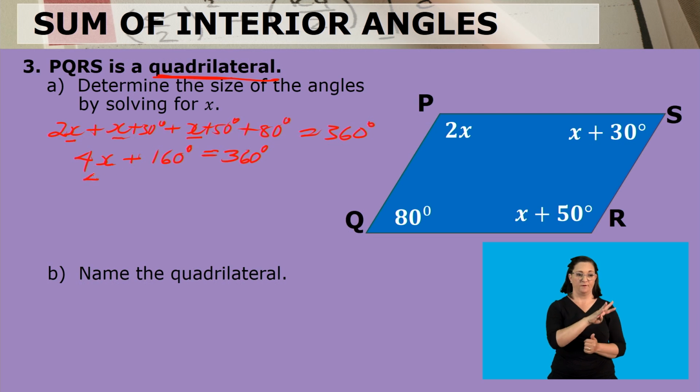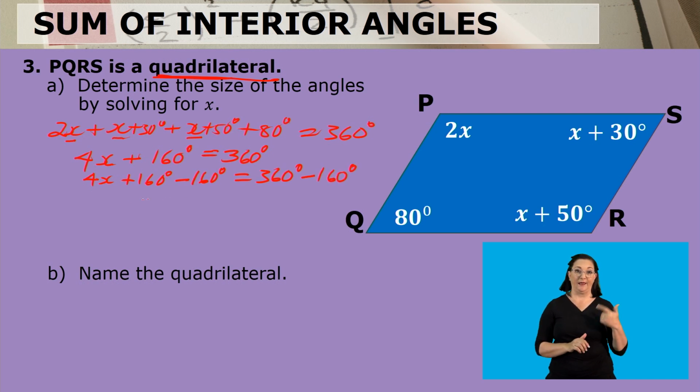So it would be 4x plus 160 degrees minus 160 degrees, which equals 360 degrees minus 160 degrees again. On the left, 160 degrees minus 160 would leave us with 4x. And on the right, 360 degrees minus 160 degrees would give us 200 degrees.